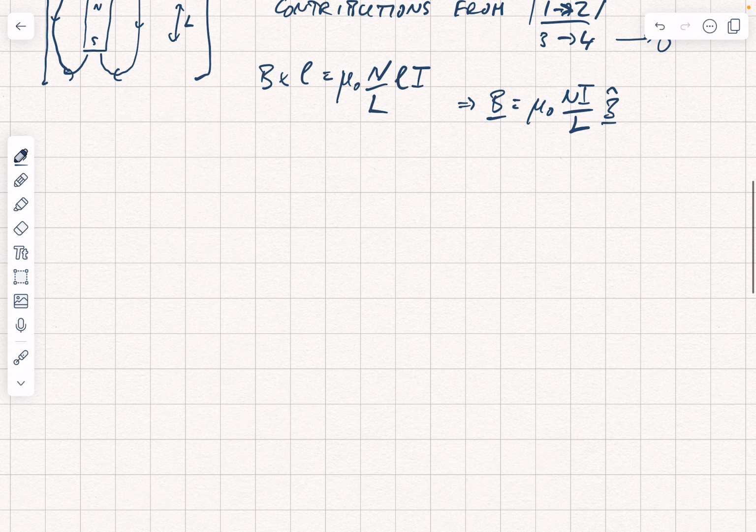Let's now turn to a solution using the vector potential of a dipole. We're going to work in cylindrical polar coordinates simply because that's easier for the symmetry of the solenoid. We're going to use the vector potential of a dipole, and then we're going to sum over contributions.